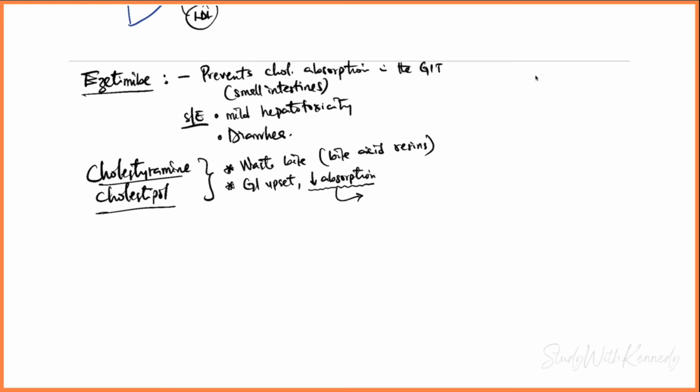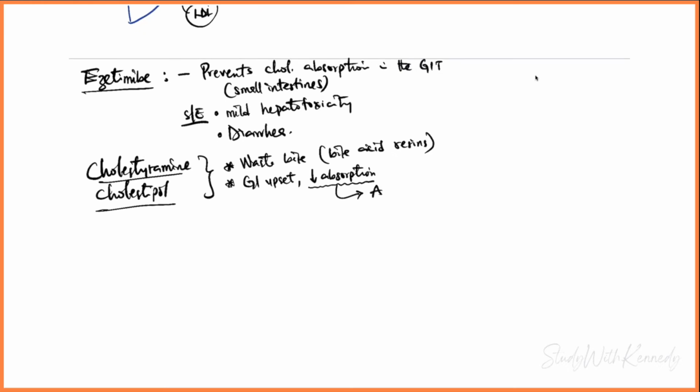So if you are giving cholestyramine and wasting the bile acids, you're also going to decrease absorption of fat-soluble vitamins. A, D, E, K. I hope you remember that those are the fat-soluble vitamins. Bile acid resins, that is, will decrease the absorption of fat-soluble vitamins. You want to remember that, right?